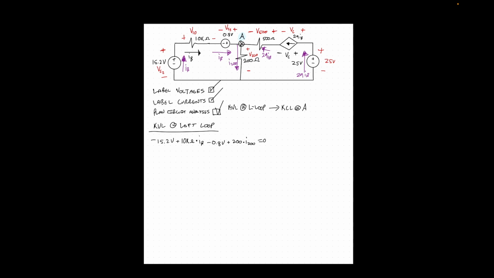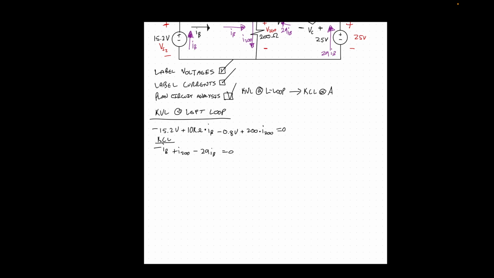So obeying our passive sign convention, I'm going to say that I have minus I beta plus my I200 minus my 29 I beta equals 0. So as we can see, my value for my IB will equal I200 over 30.